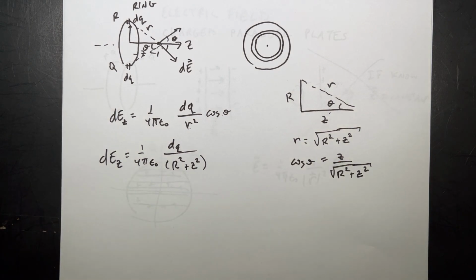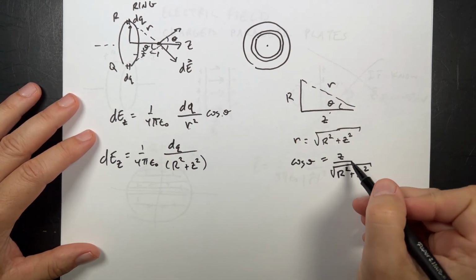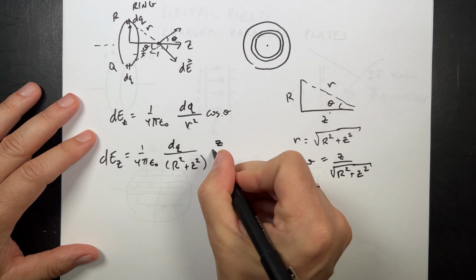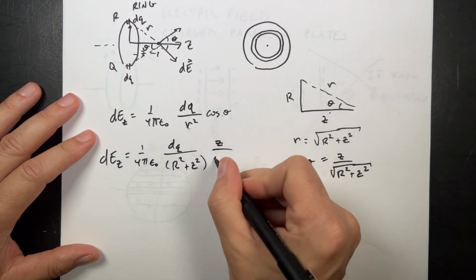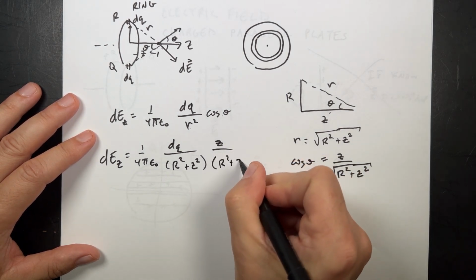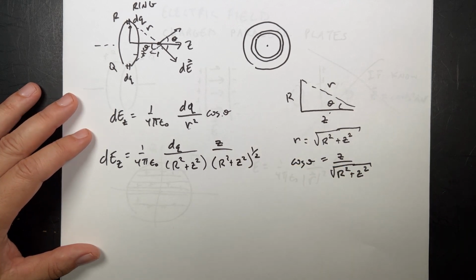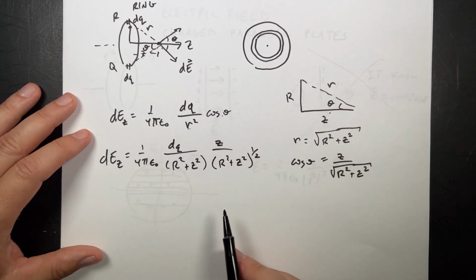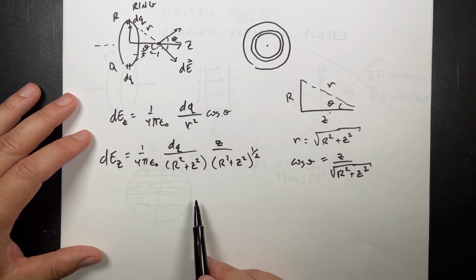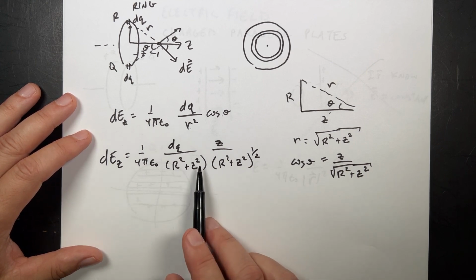Can't you tell the difference? I'm saying it. Okay. And then cosine theta is this, z over this, R squared plus z squared to the 1/2. And that's my dEz, and I can combine these two together to get 3/2.